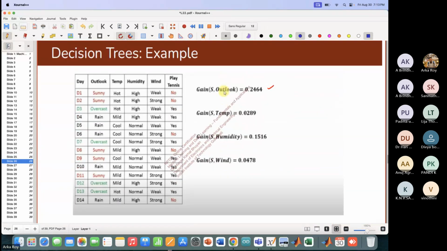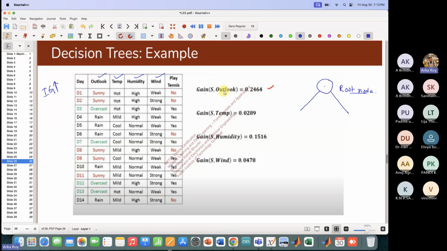In the first decision tree, you will start with a root node, but you do not know which of these four variables to start with. So as I already mentioned, for whichever variable the information gain is high, you will choose that variable for the node.